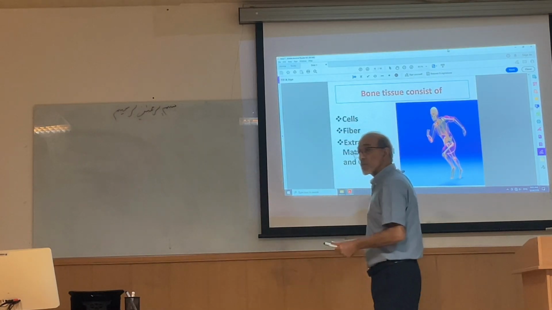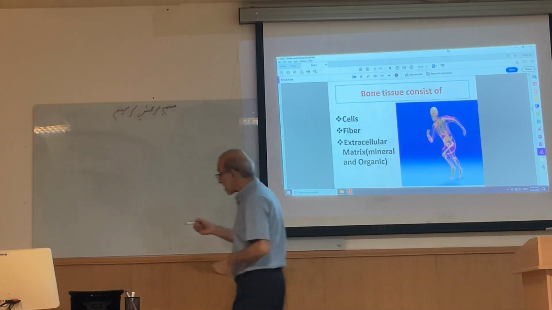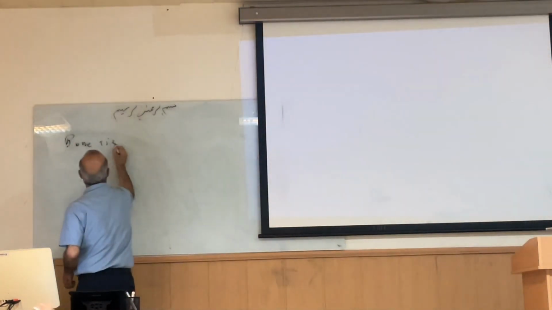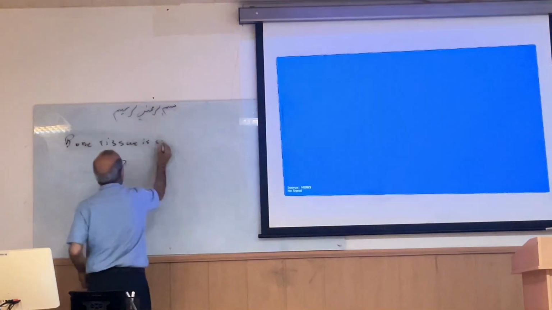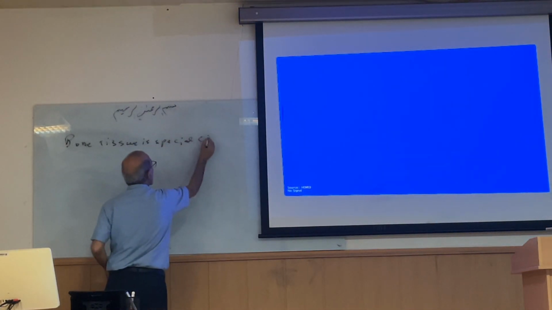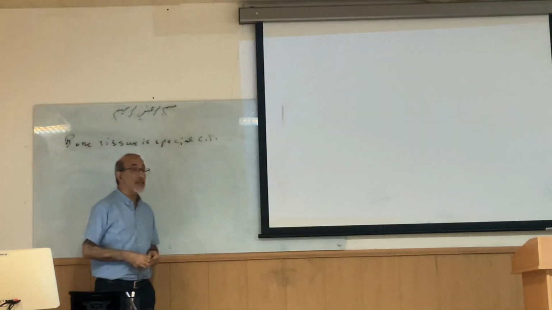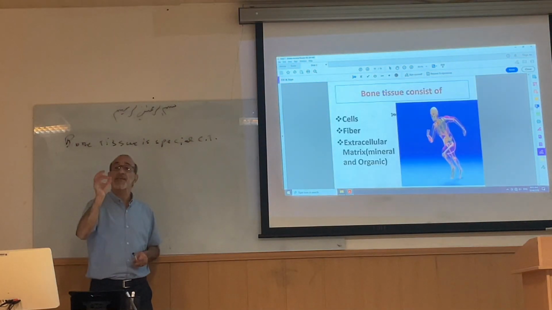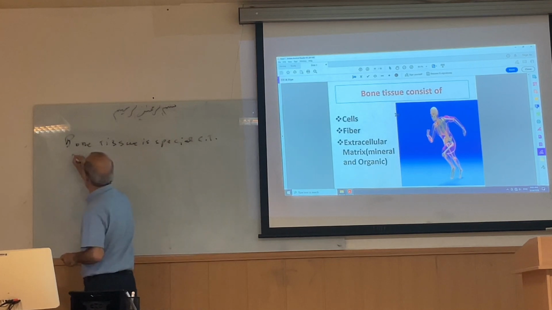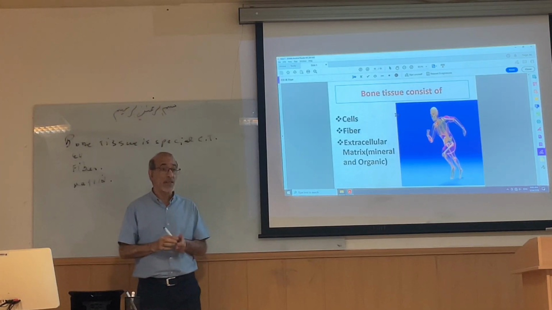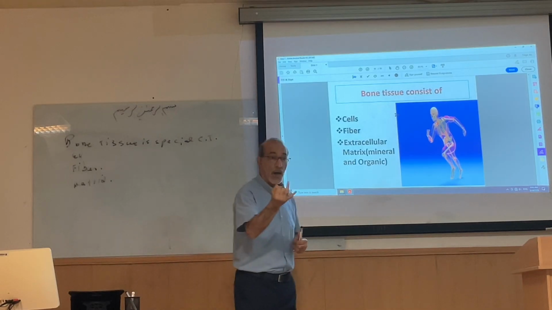Why bone tissue? Bone tissue is a special connective tissue. A special connective tissue consists of cell, fiber, and mass. Special connective tissue: blood, bone, cartilage.